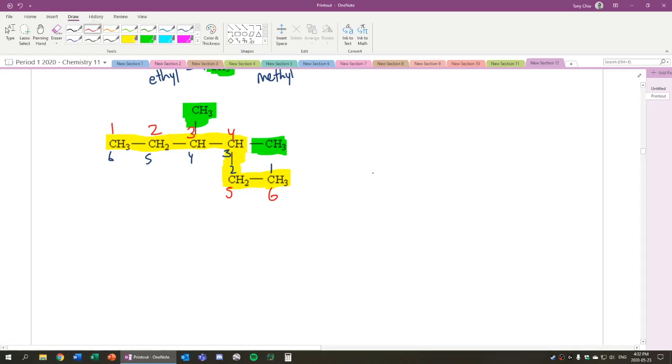So we start off with our branches on the 3rd and 4th carbon. There's 2 methyl groups, so it's 3,4-dimethylhexane, because our parent group is a hexane. So if you want to write this down, our parent equals hexane.